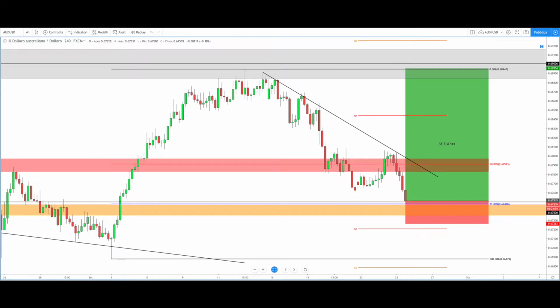So we can start with Australian dollar, US dollar on the 4-hour time frame.